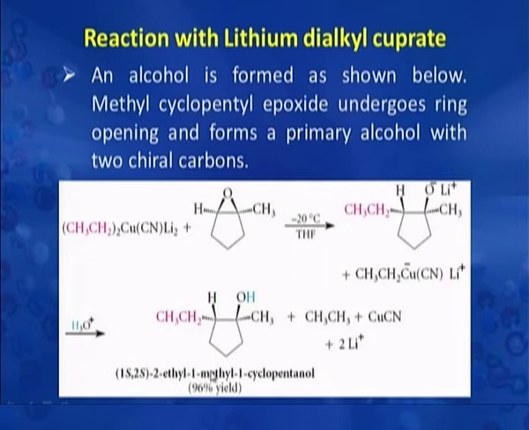This actually shows that in this molecule we have 2 chiral centers at these two positions, at position 1 and at position 2. Now, here the first step is the attack of alkyl carbanion, the CH3CH2, that is ethyl carbanion, which attacks the less substituted carbon of epoxide, and there is ring opening and alkoxy lithium complex is formed, which upon hydrolysis forms this primary alcohol.